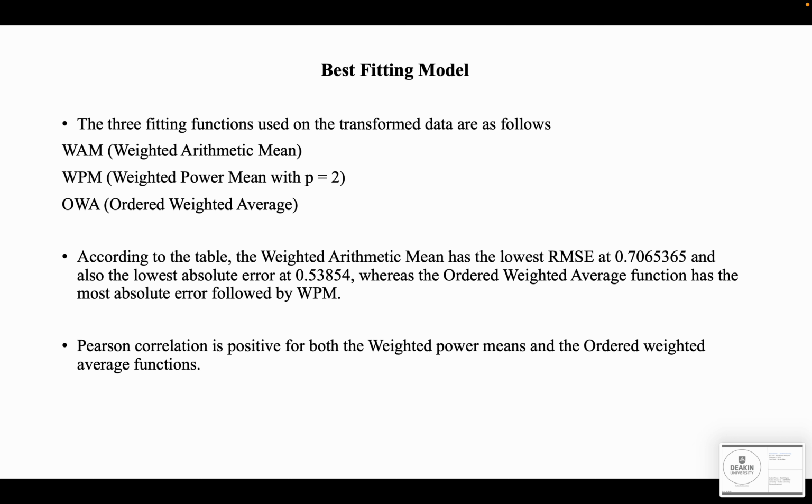Talking about the best fitting model, the RMSE of the weighted arithmetic mean stayed lowest at 0.706, with the lowest absolute error of 0.538, whereas the ordered weighted average function has the highest.